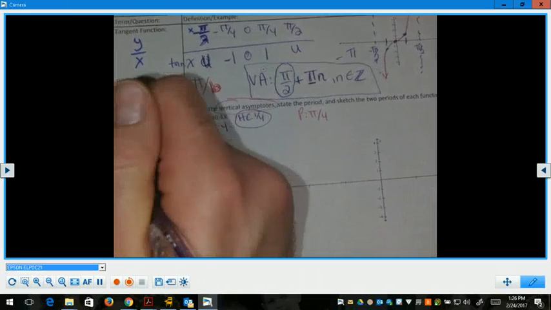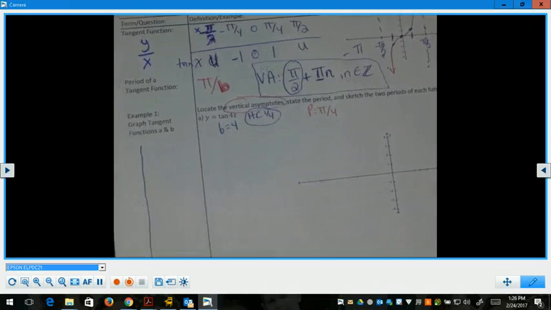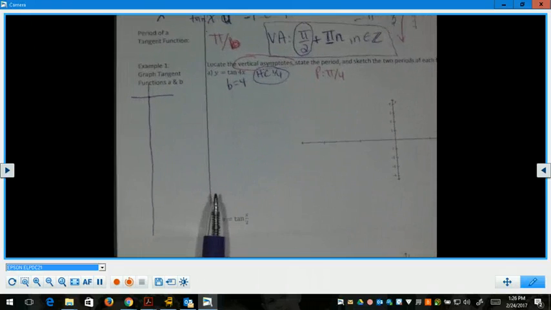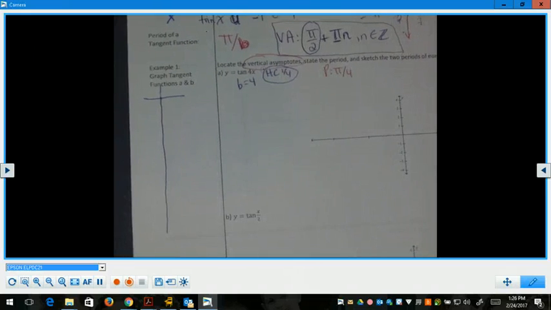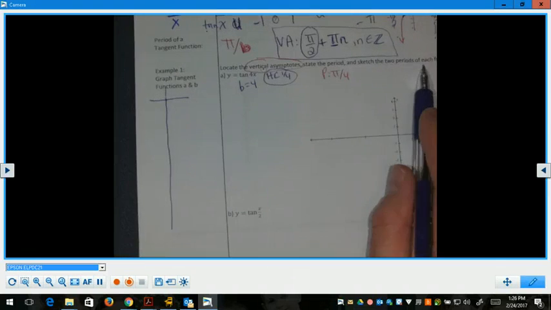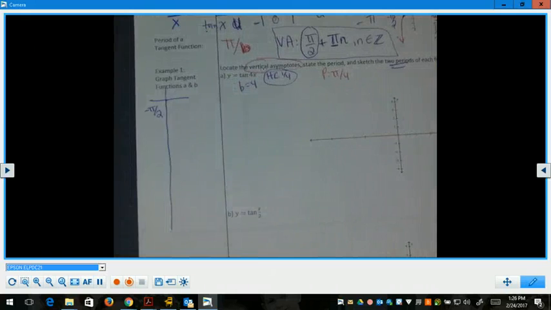periods of the function. So I'm going to make a table. And last time I had them just do 1 period and then we expanded it to go further. But some people got confused and had a hard time scaling the graph then. So my recommendation would be, when you do this, if you were asked to do 2 periods, go from negative pi over 2 all the way up to 3 pi over 2. That'll give you 2 full periods of tangent.